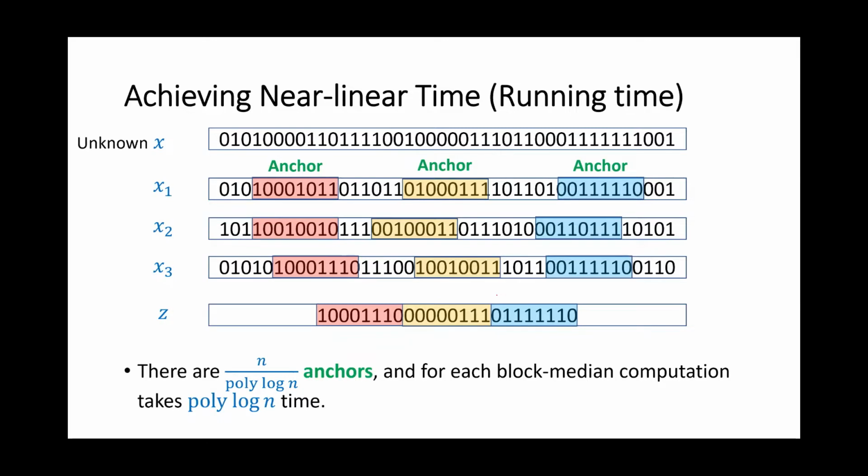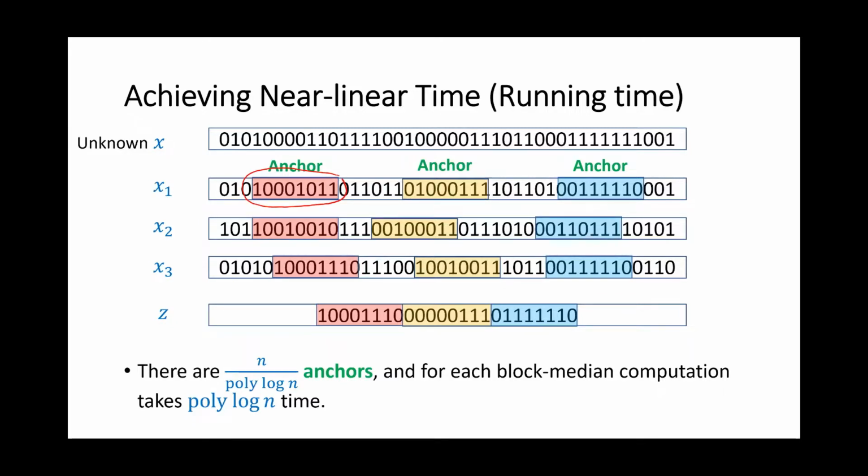And now what about the running time? You can see that since the anchor size is log square n, there are at most n by polylog n anchors. And for each of these blocks, when we compute the block median, the block sizes are roughly log square n.